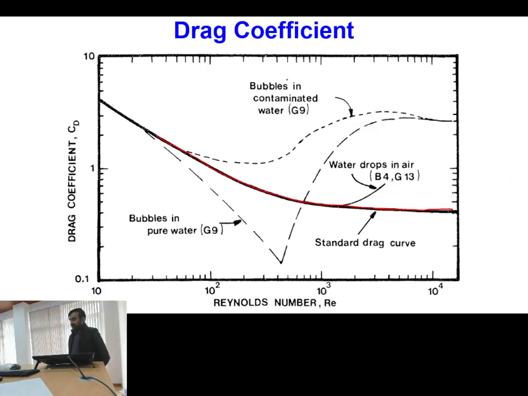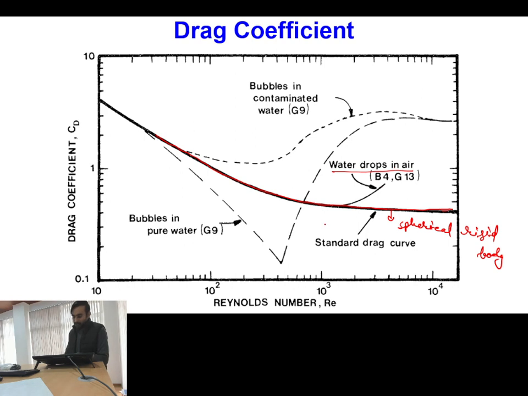Now the drag coefficient. This is a standard drag curve. The meaning of standard drag curve is that this is the drag curve for a spherical rigid body, and you have this particular curve for water drops in air.